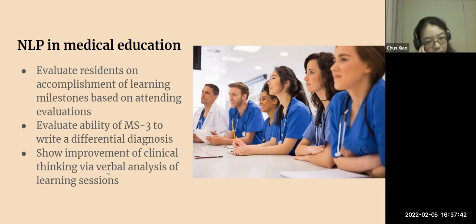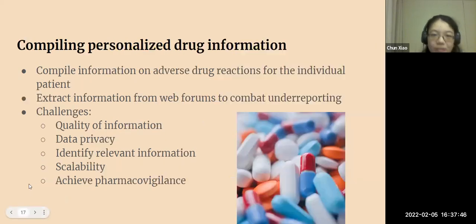So yeah, next application. NLP can also compile personalized drug information. Adverse drug reactions are quite a serious problem. There are many people who die from it, and lots of people don't really report it because they don't really know what's going on.